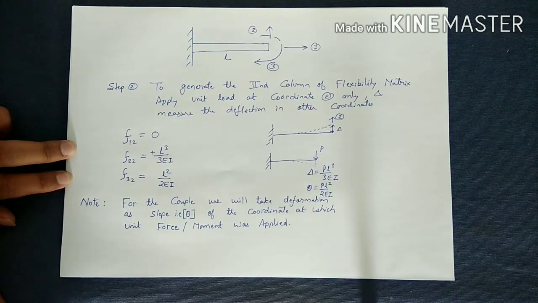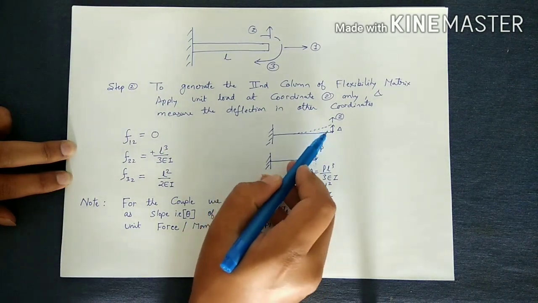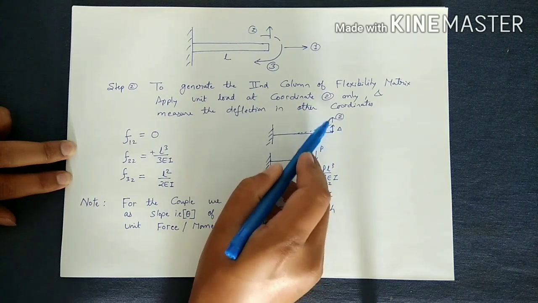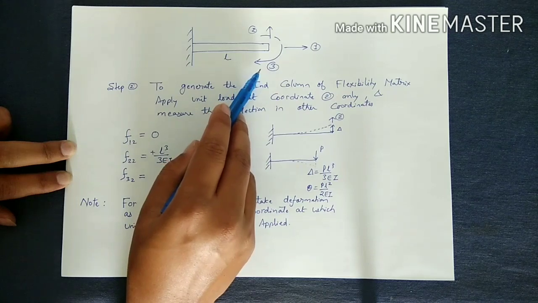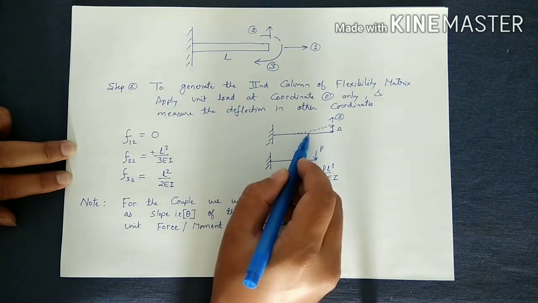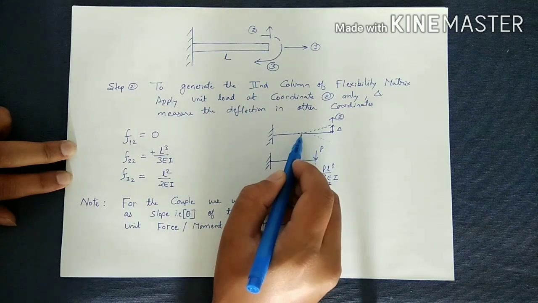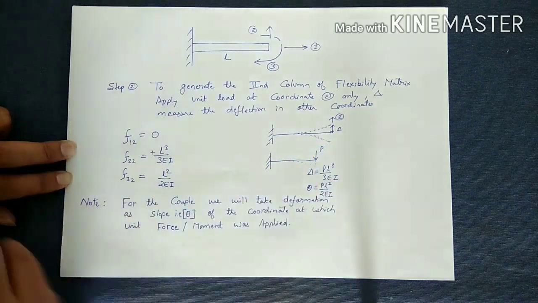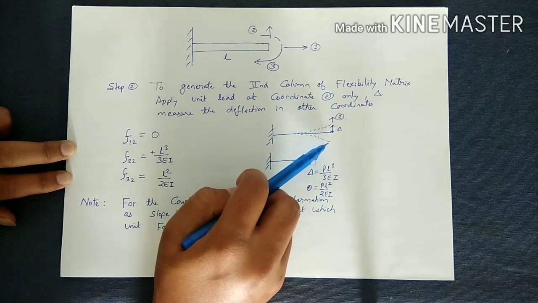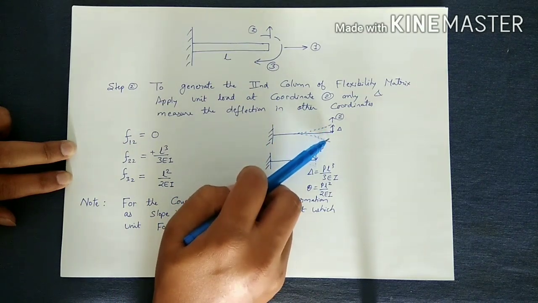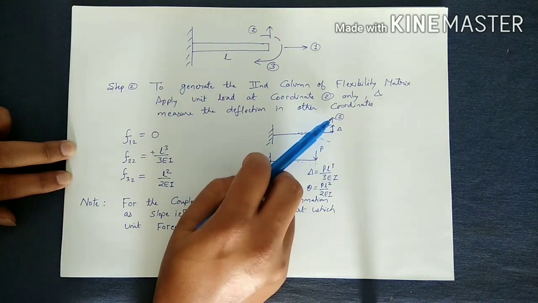Now we have to check its sign. As you can see, deflection will occur in the direction of force, whereas coordinate 3 will deflect downside. Therefore, deflection is occurring just opposite to the direction of unit load applied.